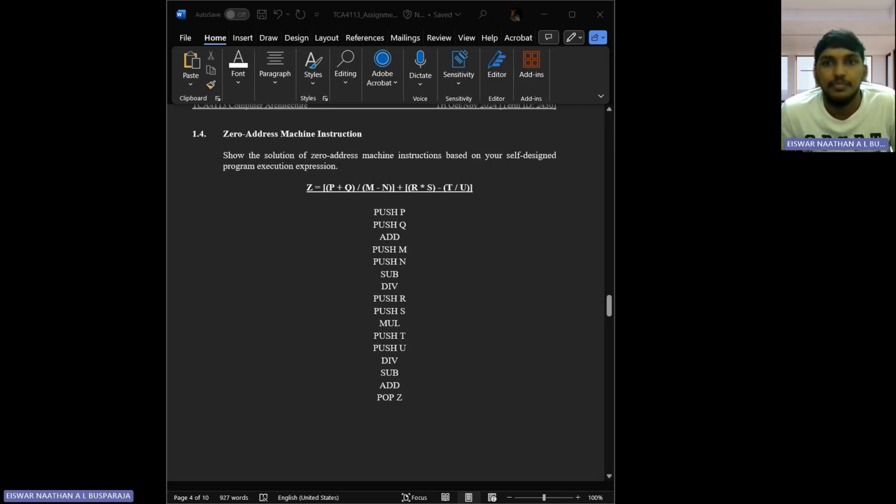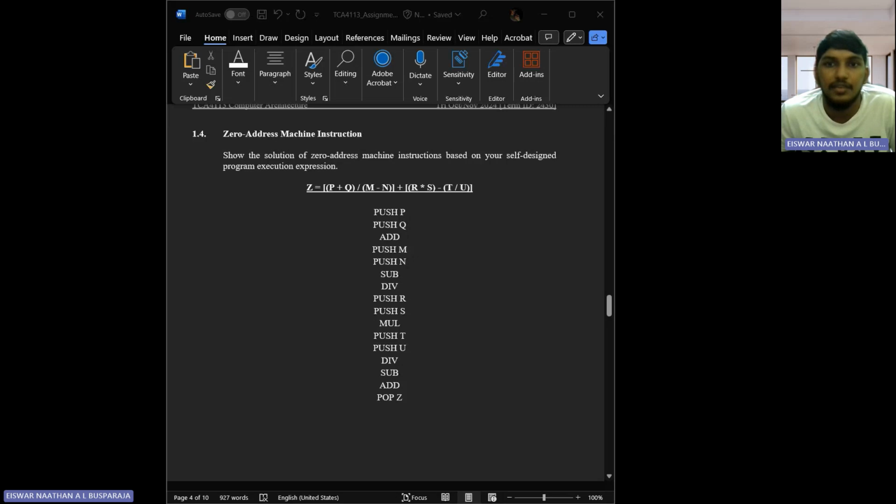And then push R onto the stack, push S onto the stack, multiply, it will become R multiply S. Push T onto the stack, push U onto the stack, divide.